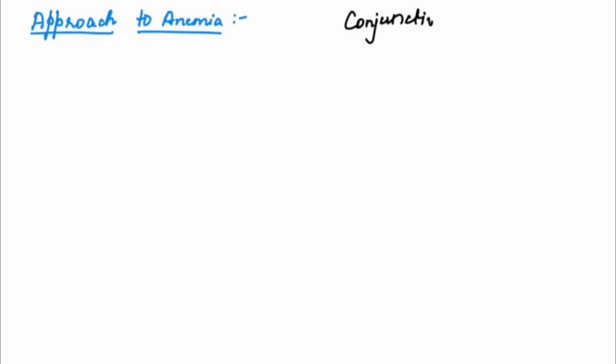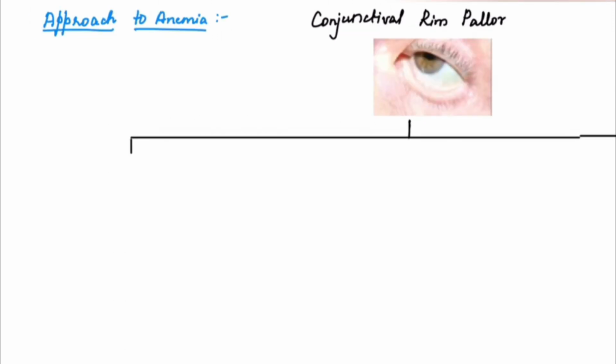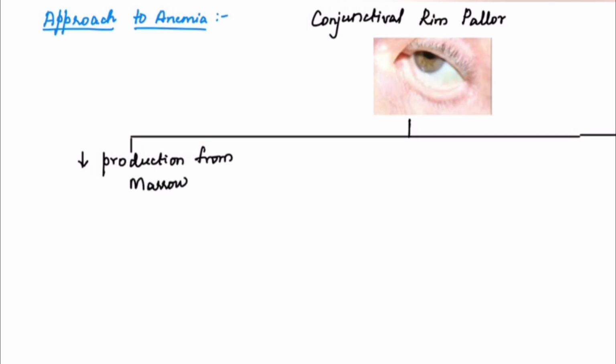Now, let's look at approach to a patient with anemia. Suppose we have come across a patient who is showing conjunctival rim pallor. Once a patient shows conjunctival rim pallor, only three things should come to mind. First, he is anemic because of decreased production of RBCs from the marrow, known as hypoproliferative anemia.